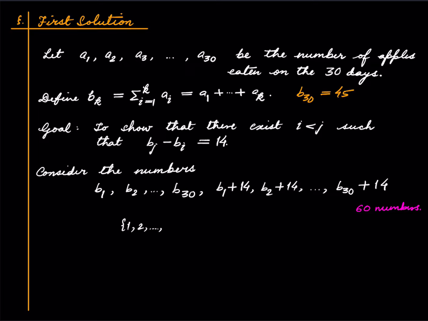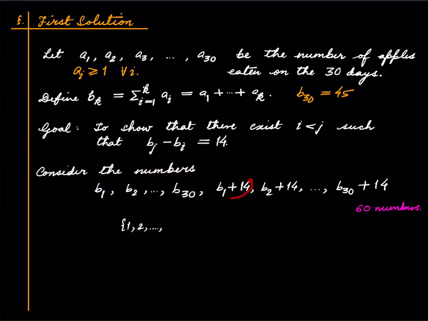And obviously these are in increasing order. B1 is, in fact, strictly less than B2, because he's consuming at least one apple every day. It was given in the problem that ai is at least one for each i. So B1 is less than B2 is less than B3 and so on. That's the kind of ordering here.